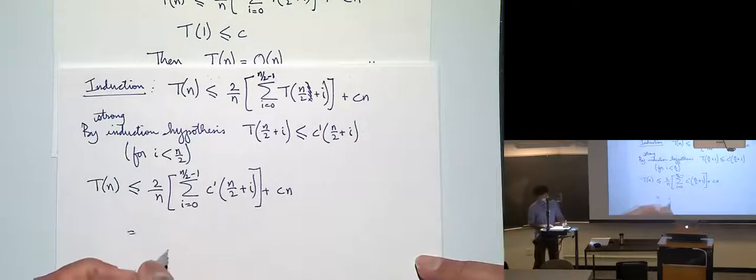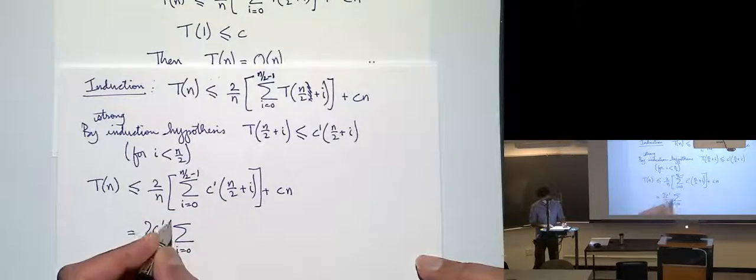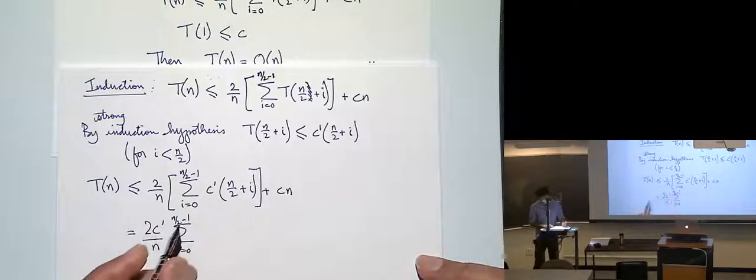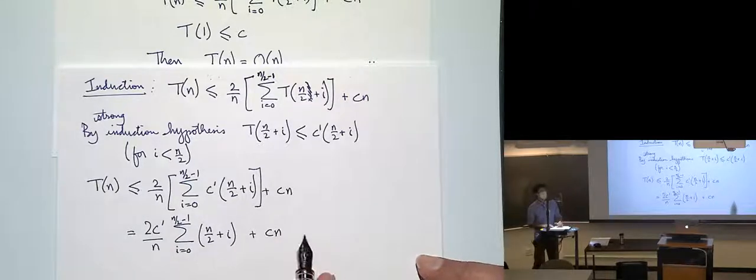Okay, so I'm just going to move some things around over here. I get 2c' divided by n. The c' comes out. Summation i going from 0 to n/2 minus 1 of n/2 + i, plus c·n.